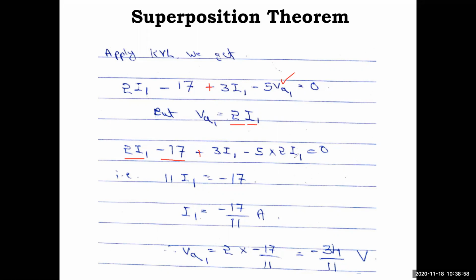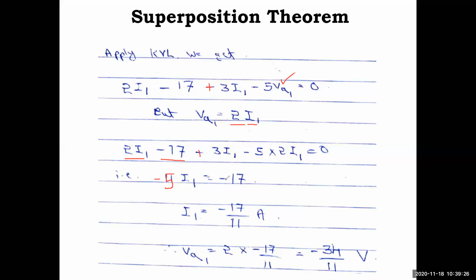So now add up, so what will you get? So plus 2 plus 3, so it is plus 5i1. So here what you have? Minus 10i1. So minus 10 plus 5, so what will you get? Minus 5i1, right? Minus 5i1 is equal to, you have only 17, so minus 17, right?